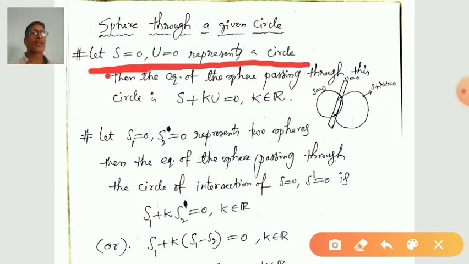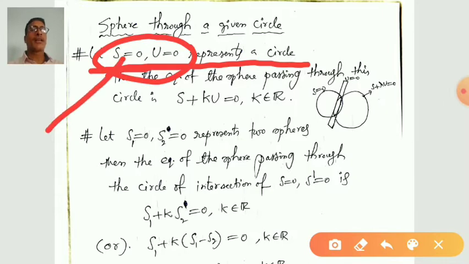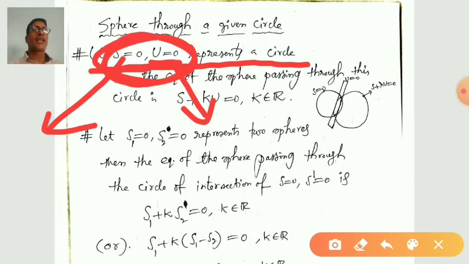Out of these two, one is the sphere and the other is the plane intersecting the sphere. S = 0 is a sphere and U = 0 is a plane. These two equations together give the equation of the circle of intersection of this sphere with this plane.